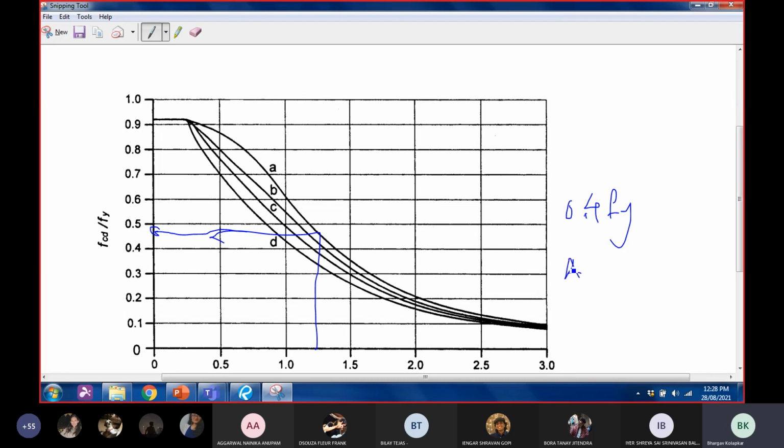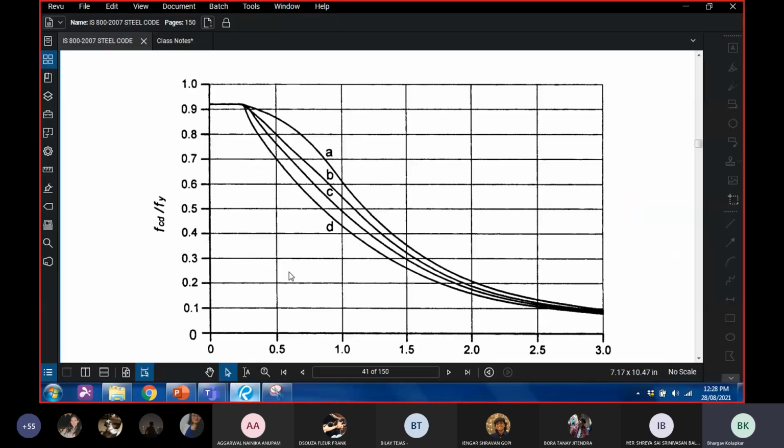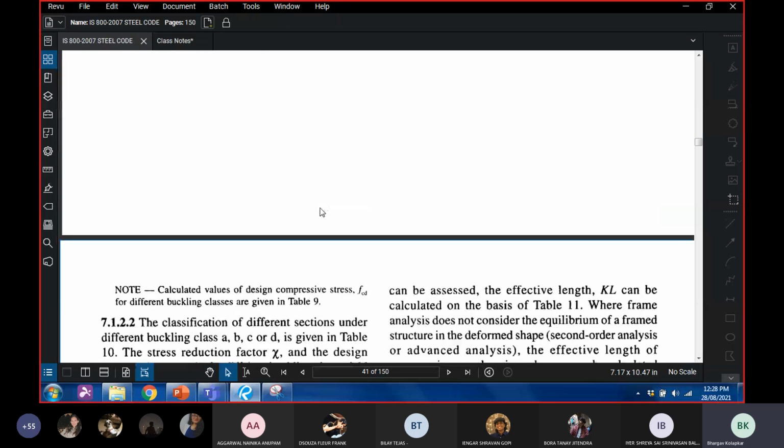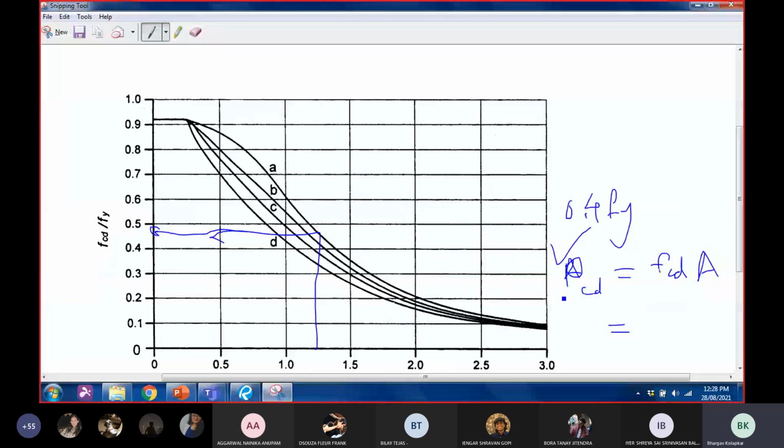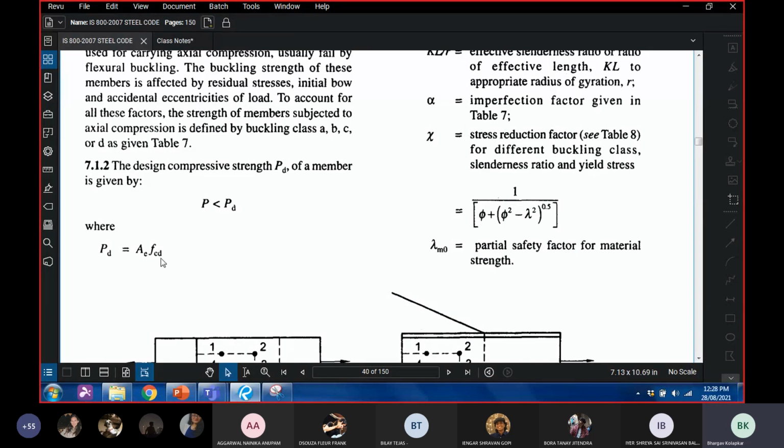So my design compressive strength, say PCD, is equal to FCD multiplied by area, and there's going to be some safety factor. So PD is equal to FCD times area. That's how we get it. It's that simple.